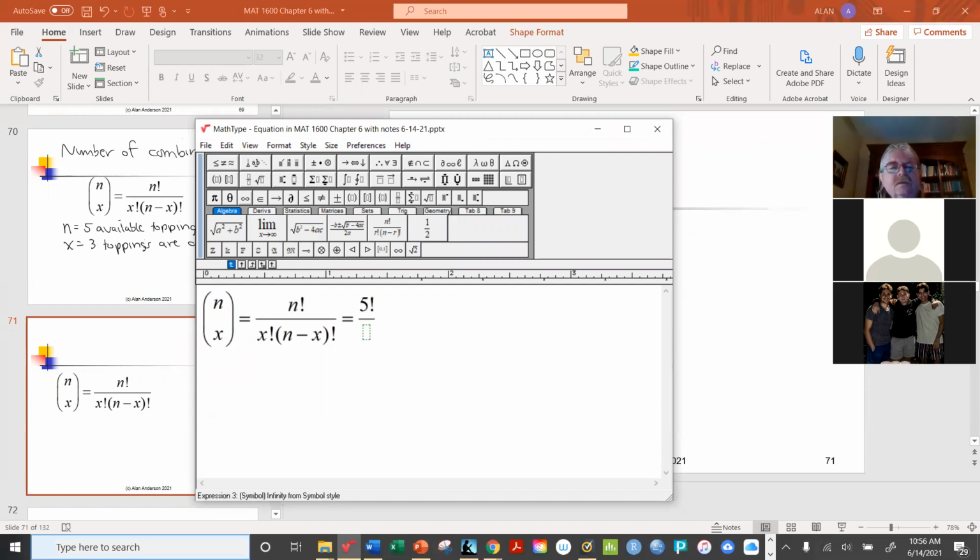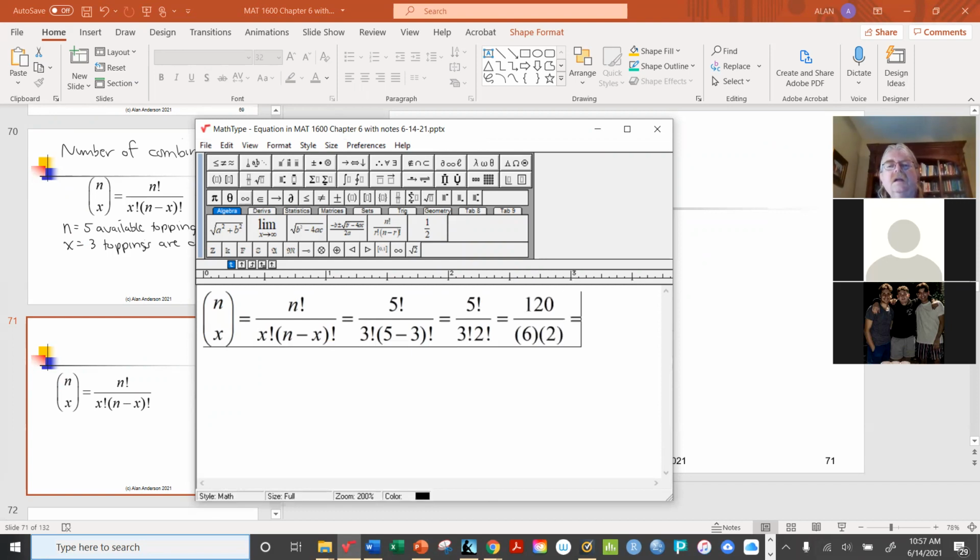5 factorial over 3 factorial times 5 minus 3 factorial equals 5 factorial over 3 factorial times 2 factorial. Now that in turn equals 120 over 6 times 2, which is 120 over 12, which is 10.